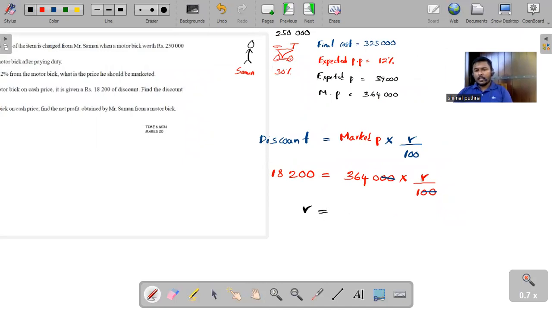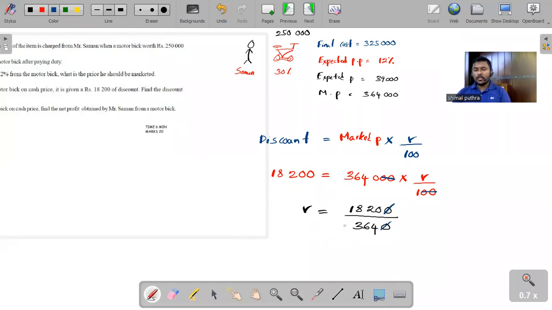To find R, R should be equal to 18,200 over 364,000. You can cancel the zeros, this 0 and 0 will be cancelled.